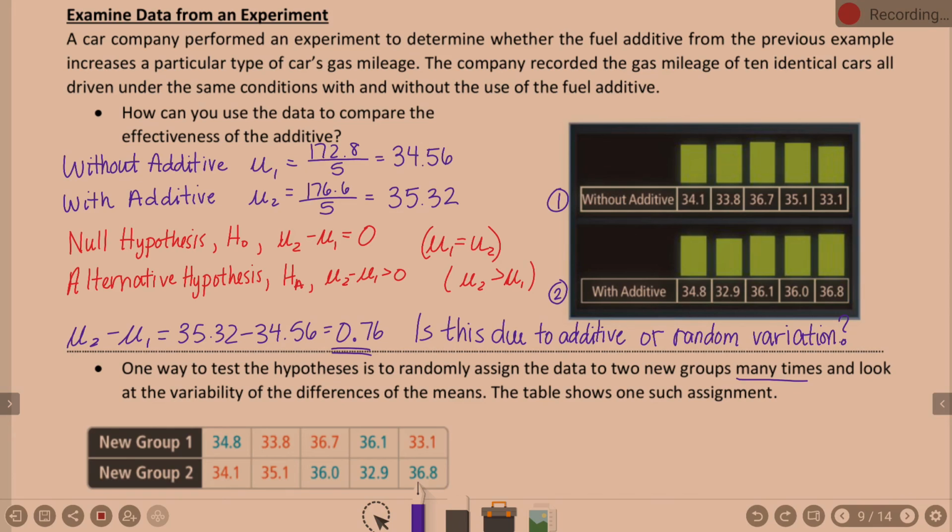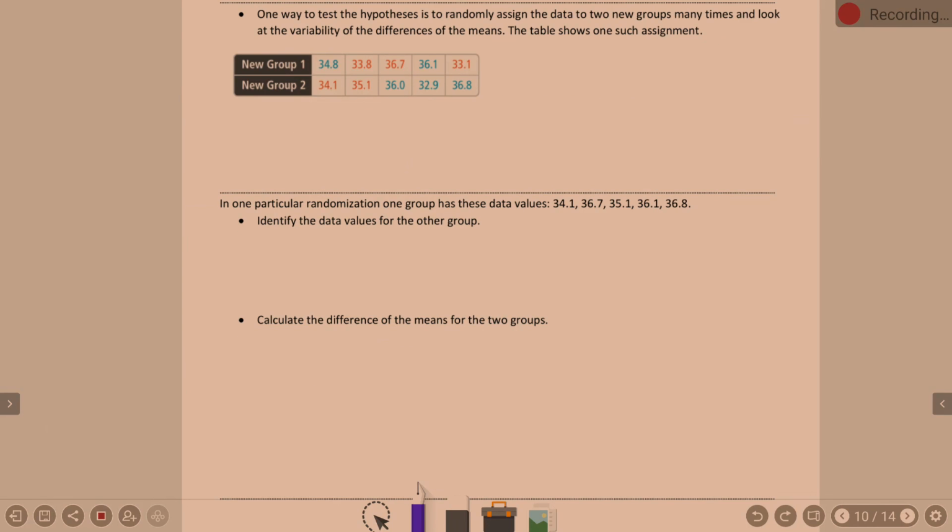And so if we look at our two groups here, this table has one set, two new groups already assigned. So let's check these out. Find your averages, the average of the new group 1 and the average of group 2.